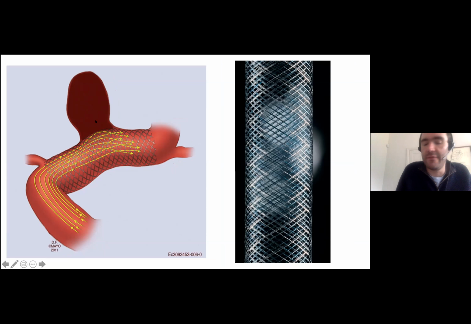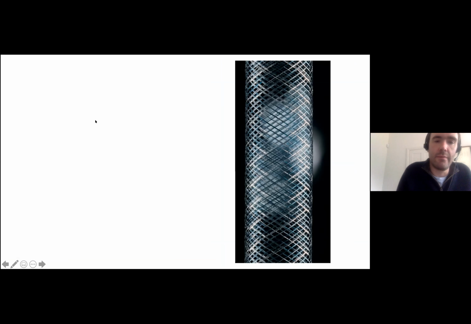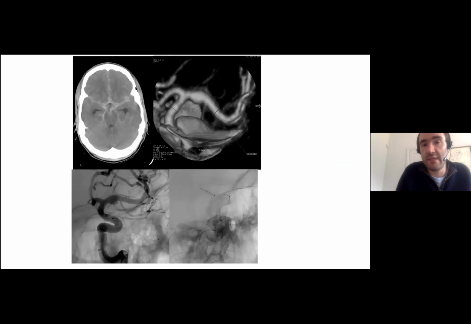That has a lot of advantages in that it allows you to treat tiny thin things that you can't get any coils into. But it also allows aneurysms that have lots of mass effect to thrombose, and then you get healing by the body, and the aneurysm shrinks and goes away.